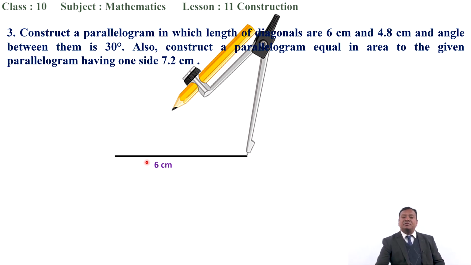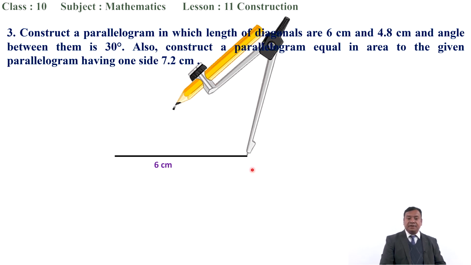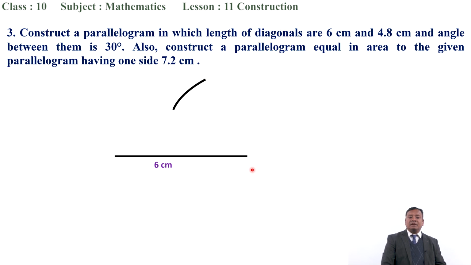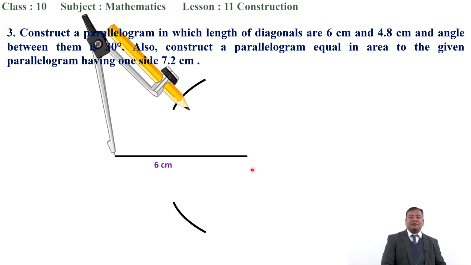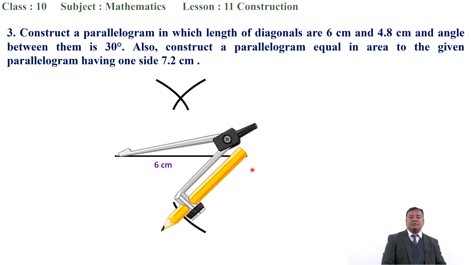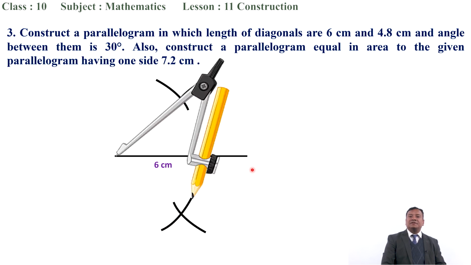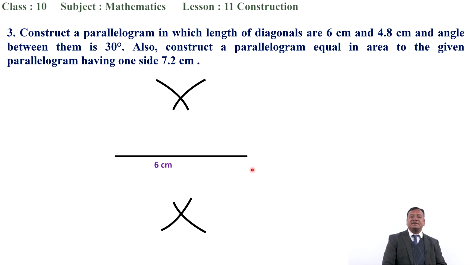For this, we take more than half of this 6 centimeter line segment, and cut arcs from both sides, which you have already learned in previous classes. When we join these, we get the middle point.